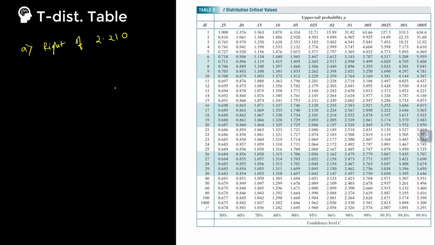So how are we going to determine the right of 2.120? The probability for x less than or equal to 2.120 is the left portion, and the right portion is the remaining area.